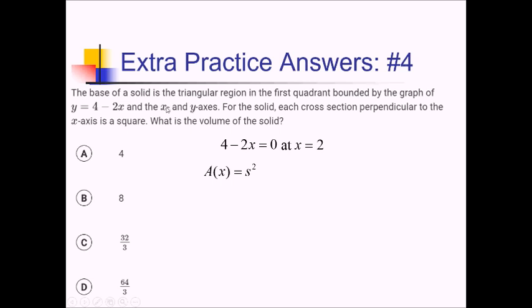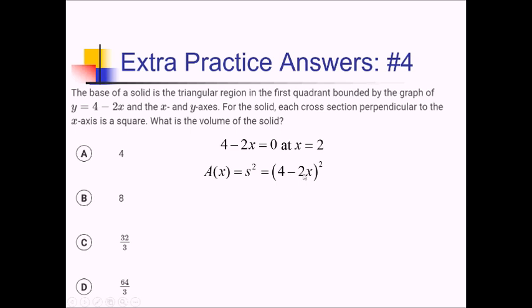So from the x-axis to this line, 4 minus 2x. Well, that distance is just represented by the function 4 minus 2x. So the side of each of these squares is just going to be 4 minus 2x. So if I square that, I get the area of my square cross-sections.